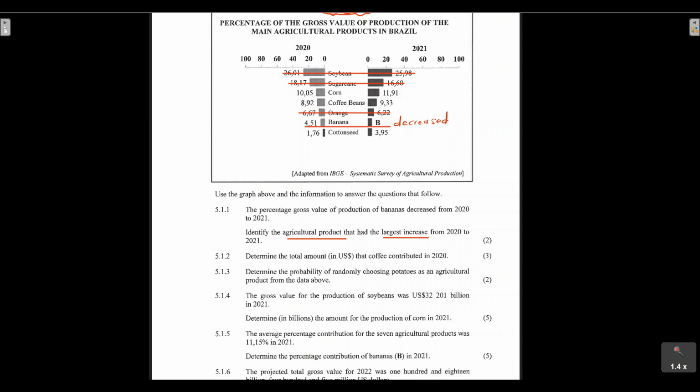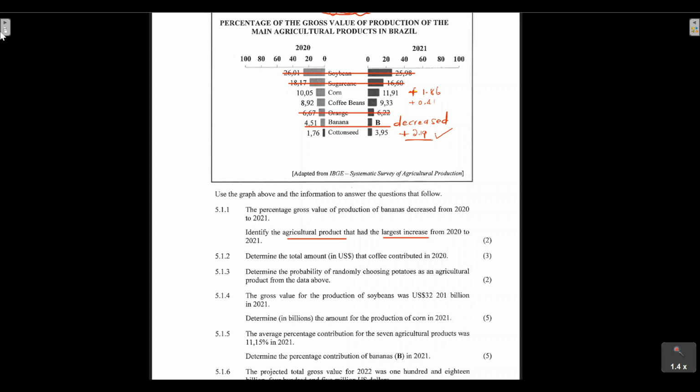The corn increased by 1.86. Let's look at the coffee beans. The coffee beans increased by, I'm writing it positive to show that it increased, 0.41. And the cotton seeds increased by 2.19. So we see that the cotton seed had the largest increase from 2020 to 2021.